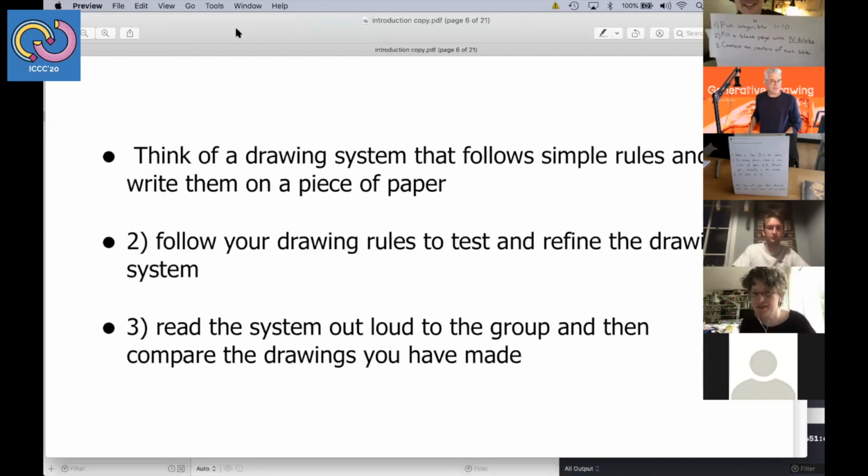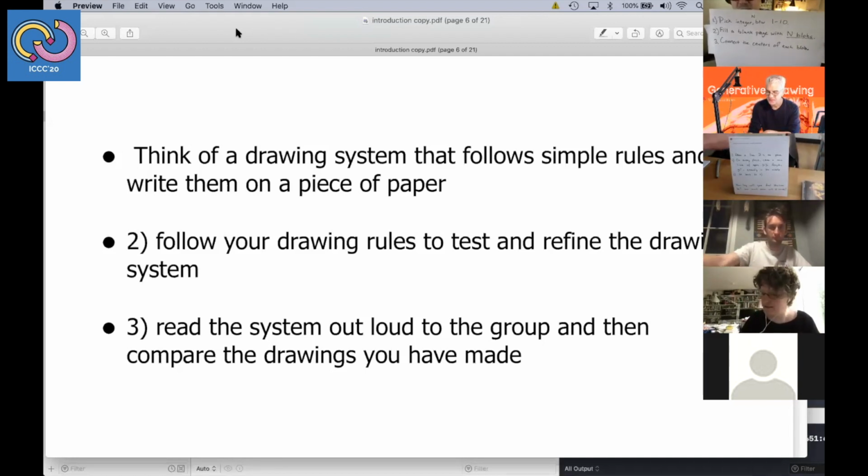That's really strange. Okay, so pick a number between 1 and 10. Fill the page with that many blobs. Connect the centers of each blob.